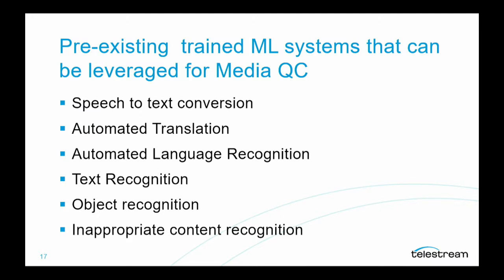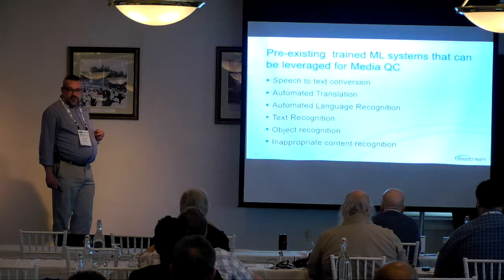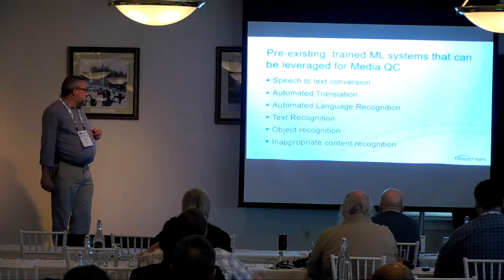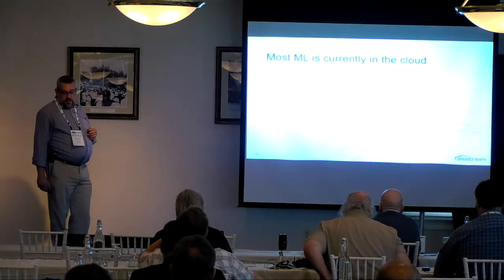There's a general class of object recognition that has some use in QC, but perhaps not as much as it does in other things like searchability. And there's actually been a good deal of work done specifically on detecting inappropriate content, nudity, profanity, that kind of thing, specifically in images and video and audio.